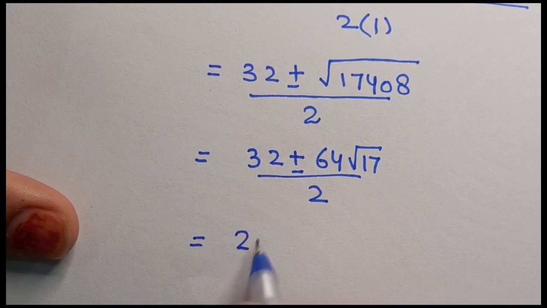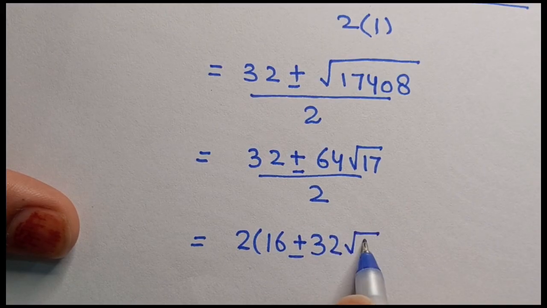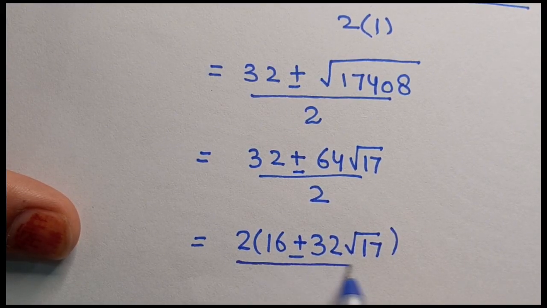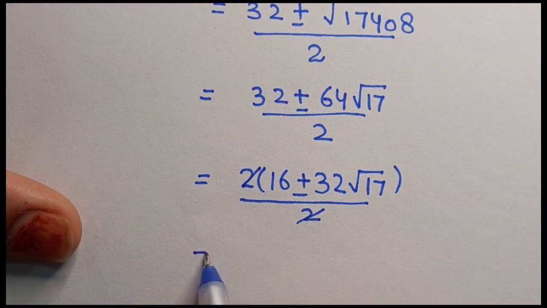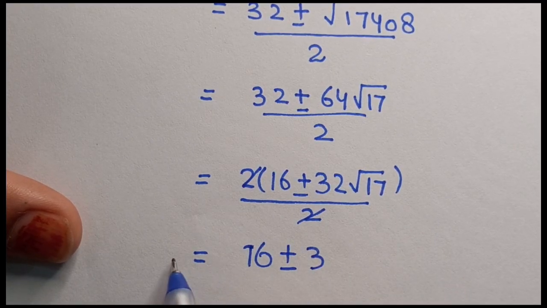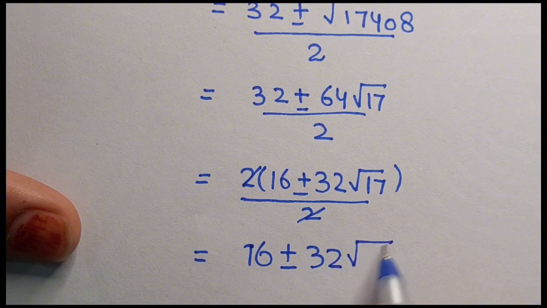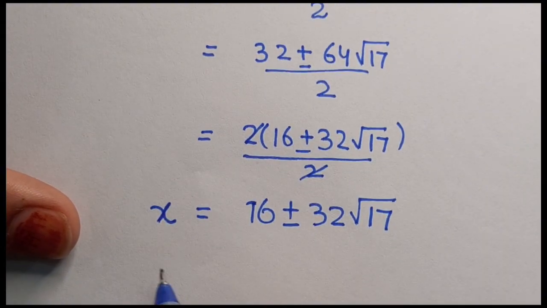Now the calculations with the help of calculator. 64 whole square multiplied by 17, 64 will come out from the root. Now take 2 as a common and cancelled by the divided by 2.